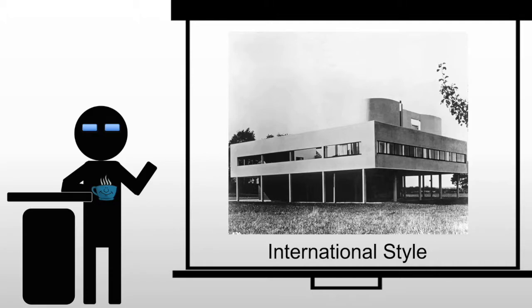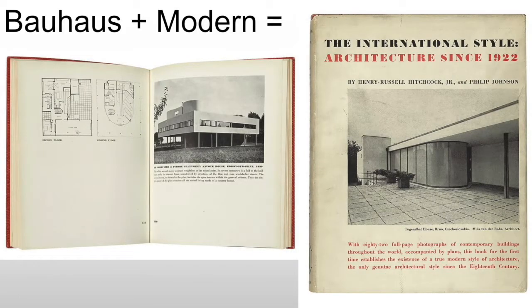The international style comes out of a specific show called the International Style Architecture since 1922, held at the Metropolitan Museum of Modern Art in New York. If we take Bauhaus and mix it with modern, we get the international style.